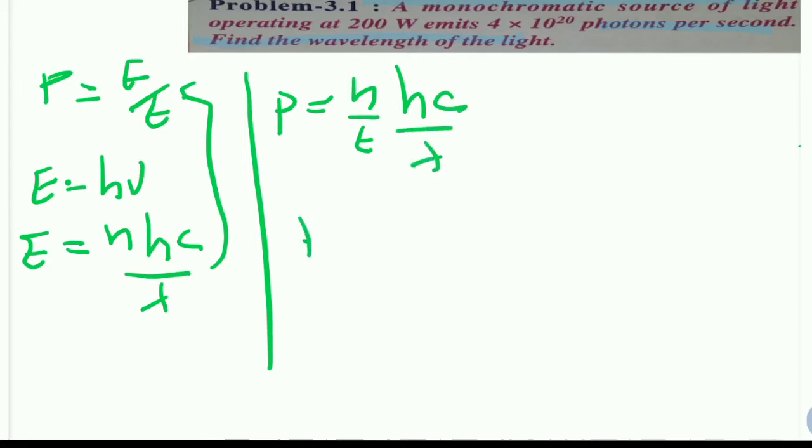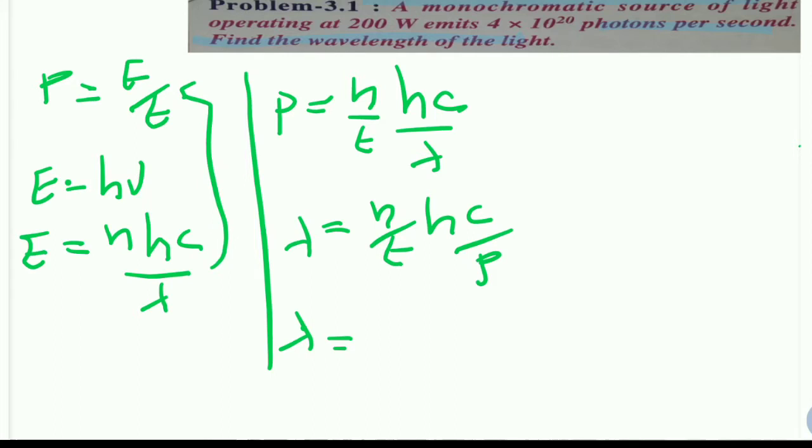Then lambda is equal to N by t into h c by P. Now I apply the values.